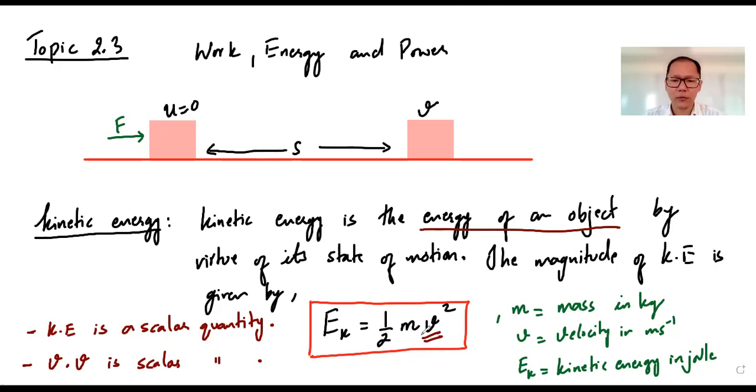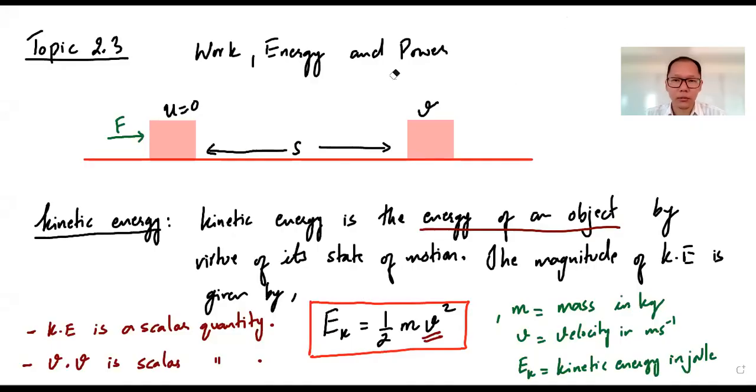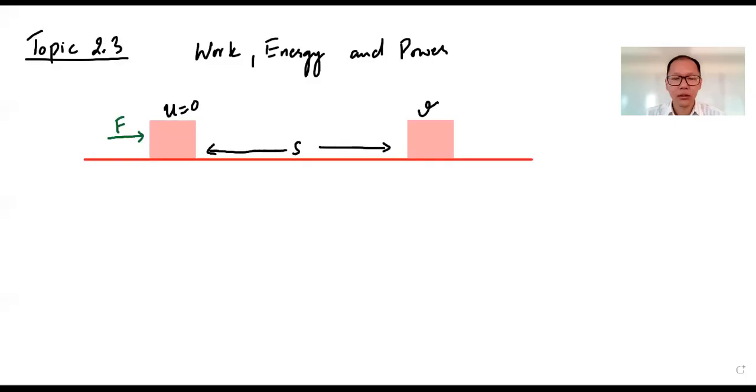Now, how did we get this formula? So let's try to understand how this formula comes about. Let us consider a given situation here where the mass of an object is m.